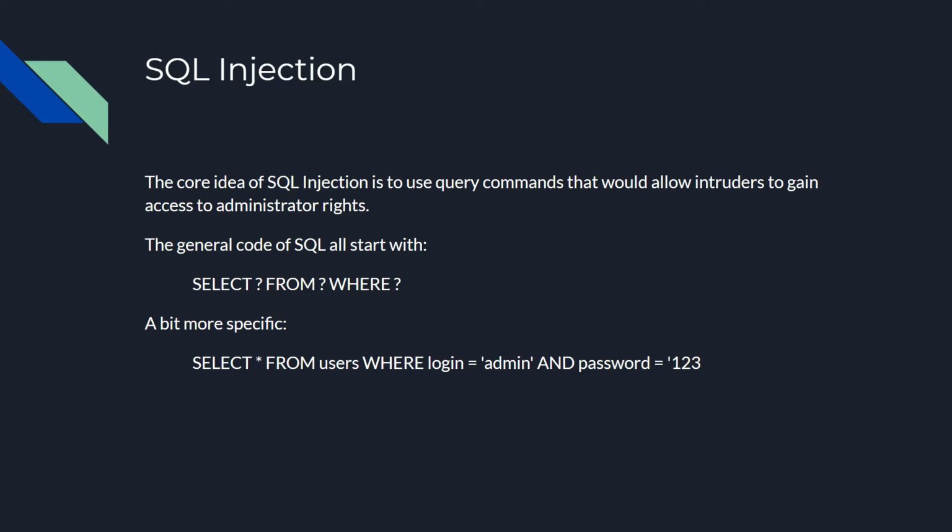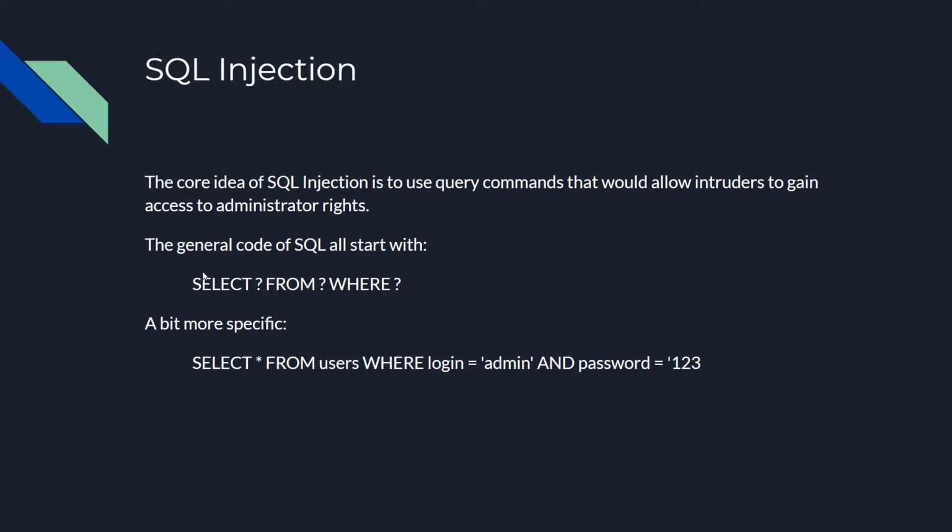So the first attack would be SQL injection, where almost any source of data can be an injection vector, including environment variables, parameters, external and internal web servers, and all types of users. Although the variety of databases is wide and they do not use the same language, they all follow the core idea: select something from something where something.